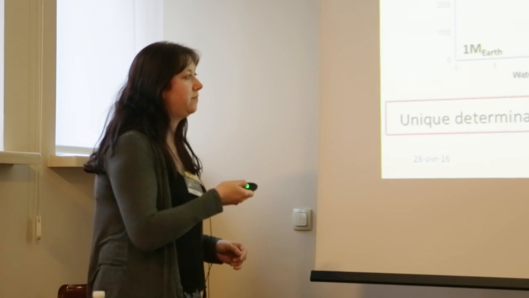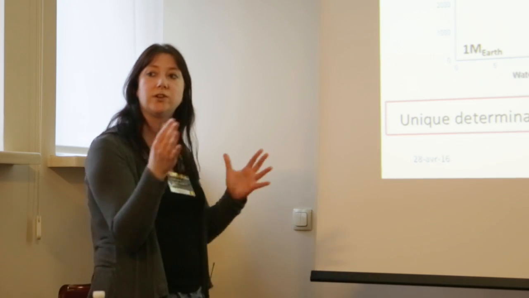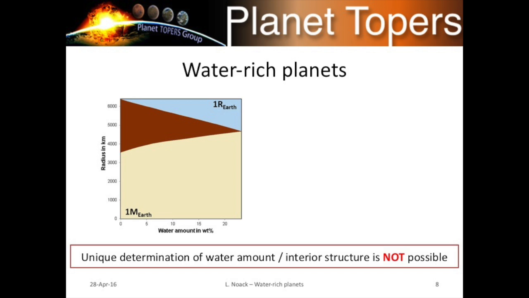But the problem is, even if we can say there is a large amount of water, we don't know exactly how much it is. So if we want to make some statistical analysis about the possible habitability of these planets, we always have to see what the ranges of amounts of water are where we can still speak about habitability, and where the limits for the models are.